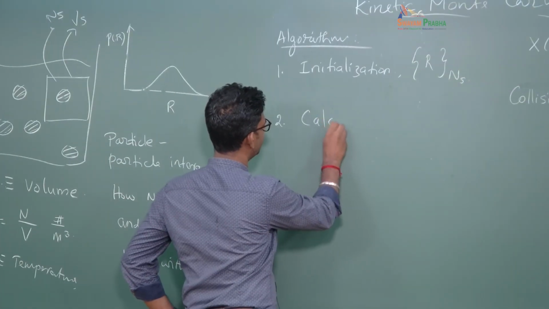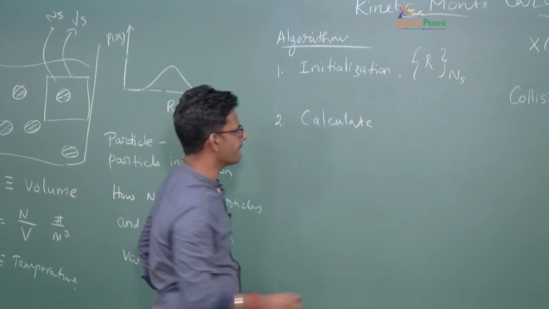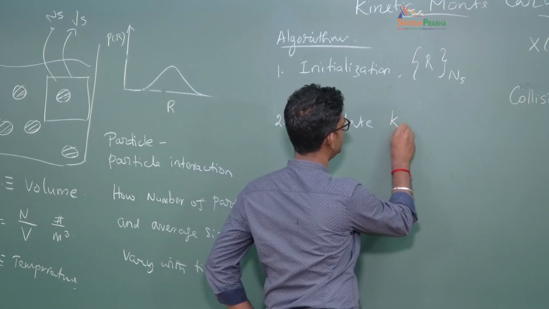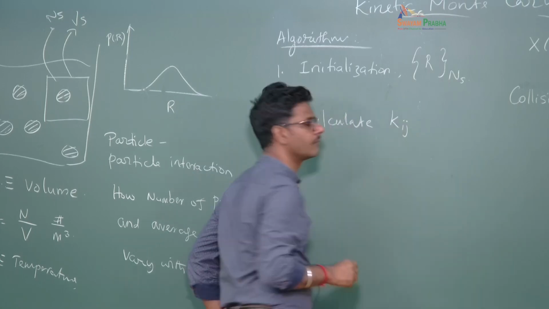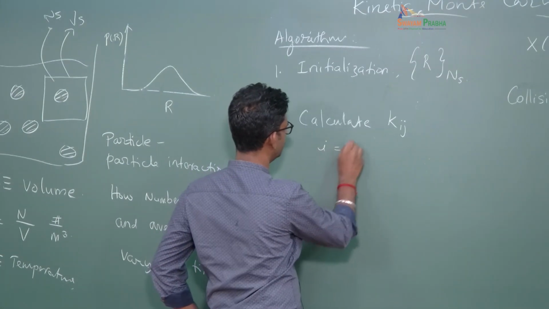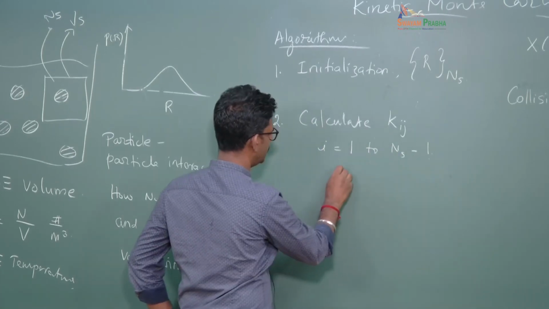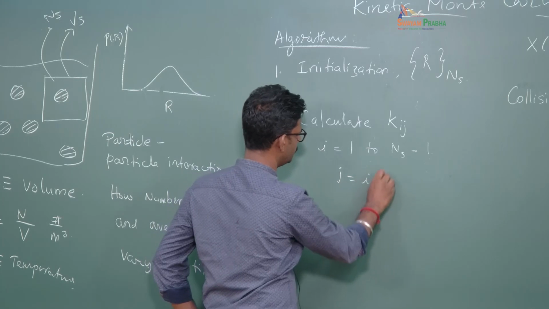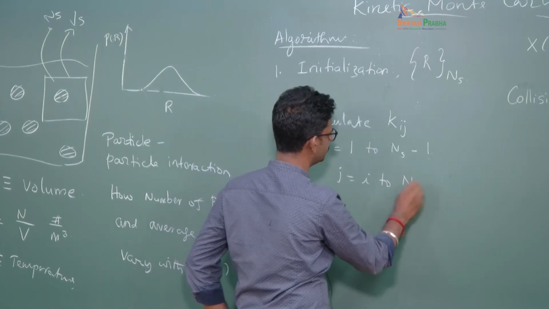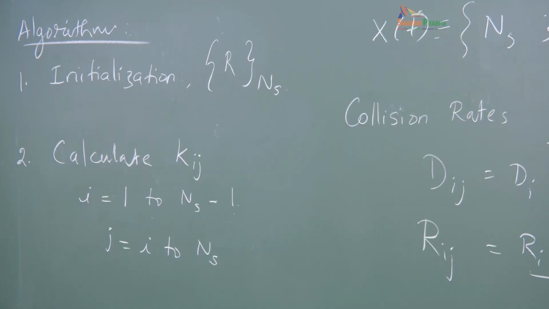Next, you will actually calculate Kij, where i goes from 1 to ns minus 1 and j goes from i to ns.